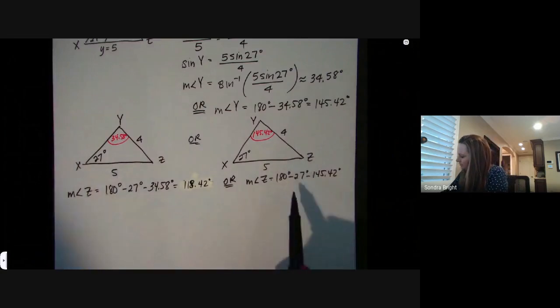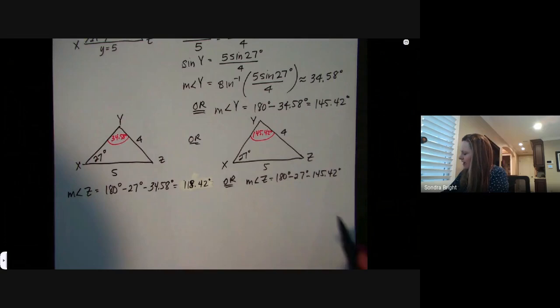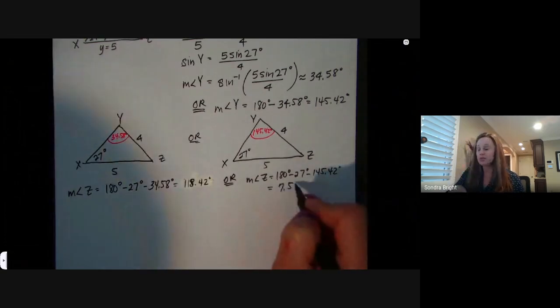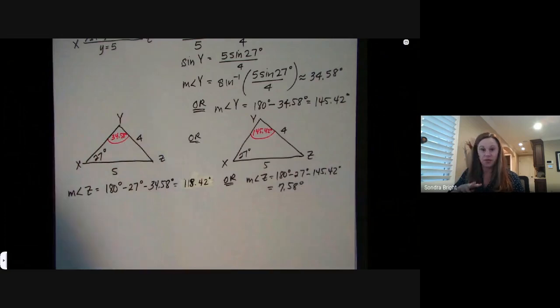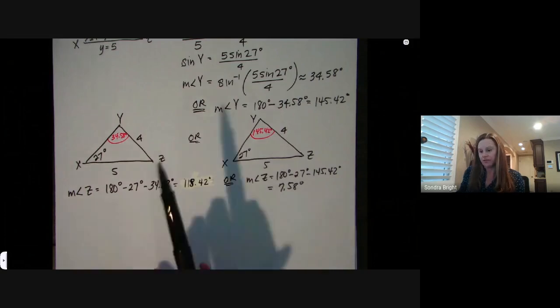And when you do this, you will get 7.58 degrees, which is a positive value. So this is true. We've got two triangles that work for the given information, which is why you weren't ever able to use side-side-angle as a reasoning in your two-column proof in geometry, because which one is it? Well, with the information they gave me, there's two different triangles that work for this.